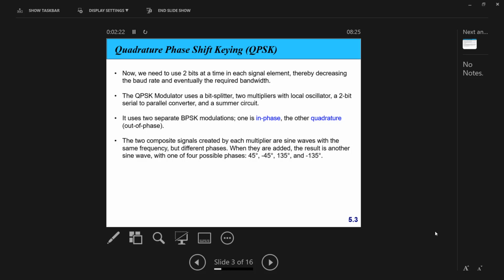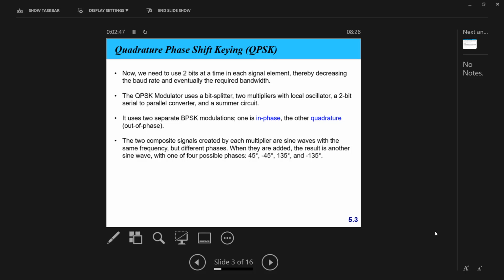And now for QPSK, we use a bit splitter and two multipliers with two oscillators. I need four values for the phase, and we have two bits. As we said, each bit goes through the bit splitter, so we have 0, 0, and this will multiply by a certain carrier, and this multiply by a certain carrier, then we will sum to deal with these four.